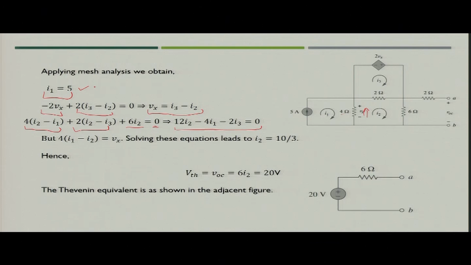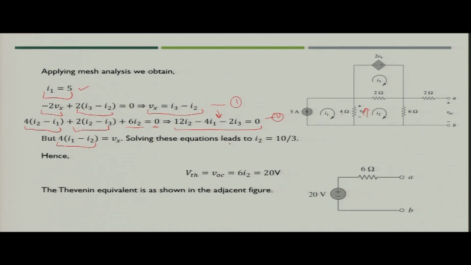You can simply put the value of I1 in this equation. We have these two equations, and also from the dependency, because this is the constraint value, the variable Vx is 4 times I1 minus I2.